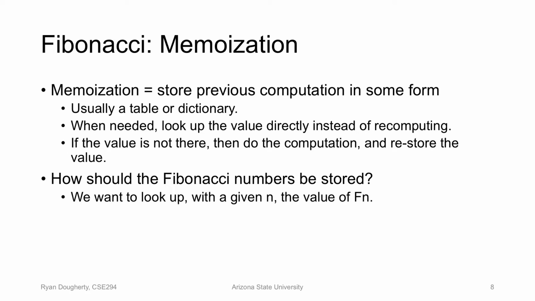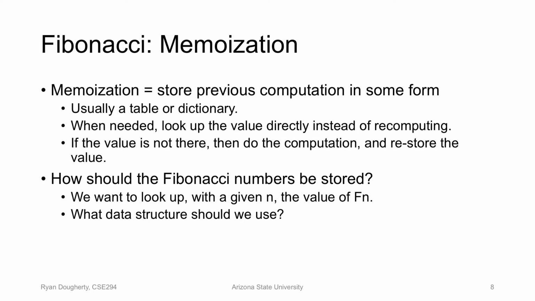So when we're given a particular number n, I want to calculate f of n, the nth Fibonacci number. So what's a good data structure to use here? I have a value n and f of n that I want to store. Well, I want to relate n and f of n in some way. Binary tree?